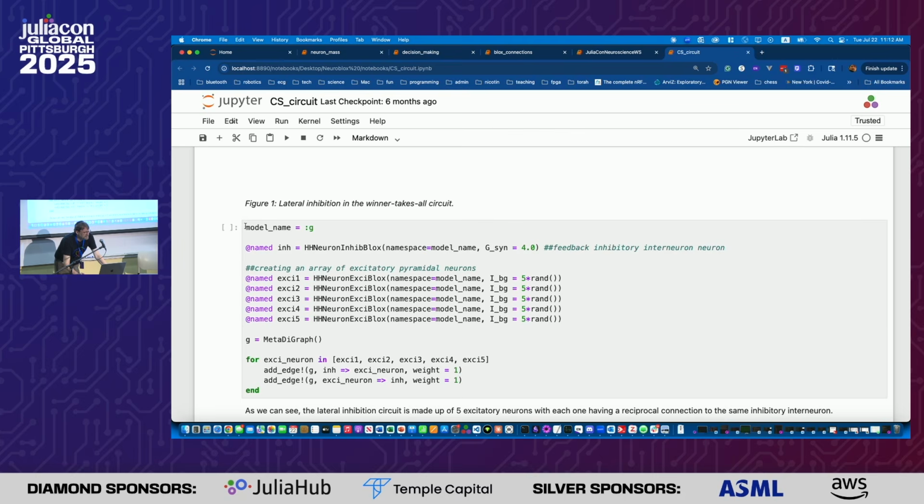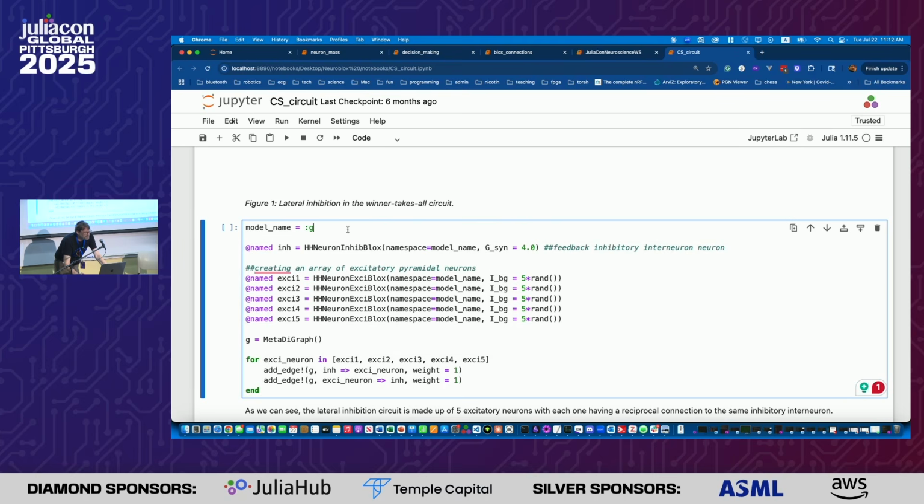So what we do is we create a model name. This is the namespace actually. Then the namespace that Mason doesn't like. And then we create essentially a neuron inhibitory block and an inhibitory block. And then we create 5 excitatory neurons, right?